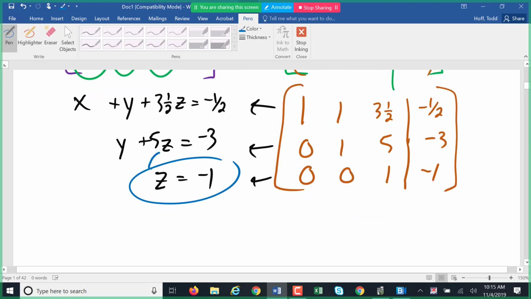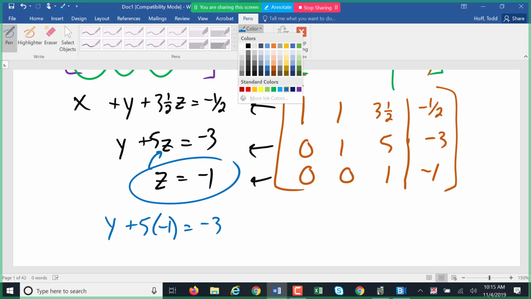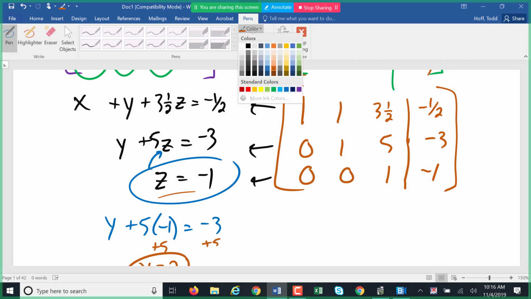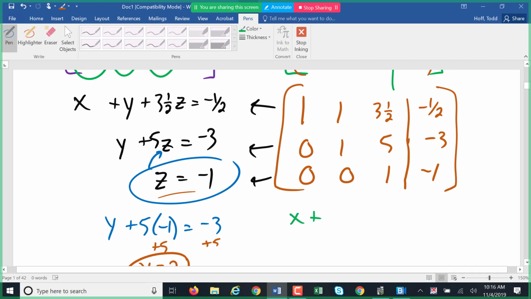So I can put this negative 1 for z into the second equation. y plus 5 times negative 1 equals negative 3. If I solve that, 5 times negative 1 is a negative 5, so I add 5 to both sides to get y equals 2. Then I use both of those in the top equation. x plus, well, y equals 2, plus 3.5z, well, z is negative 1, equals negative 1/2.